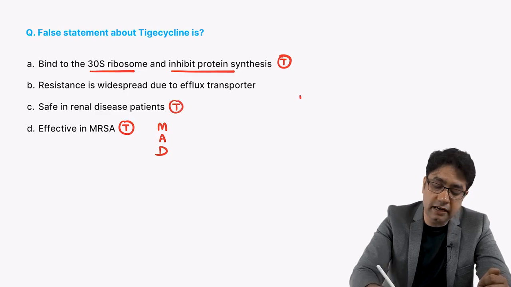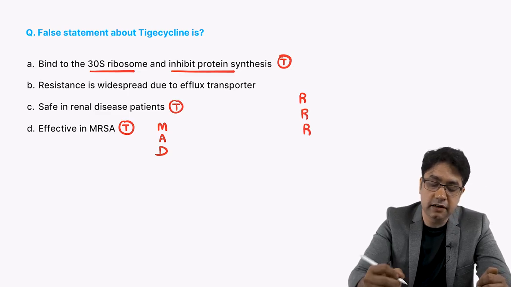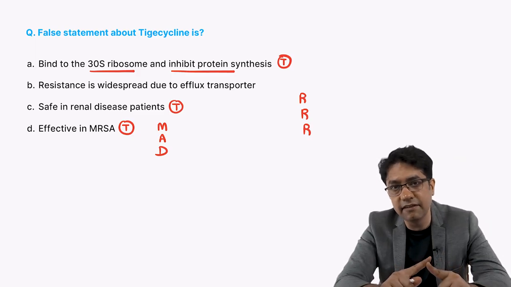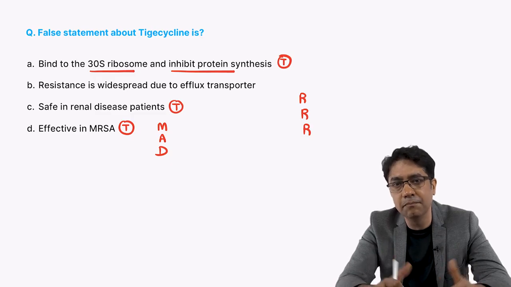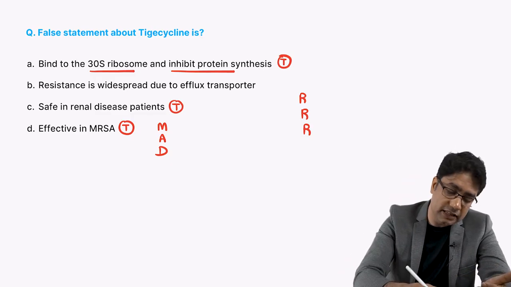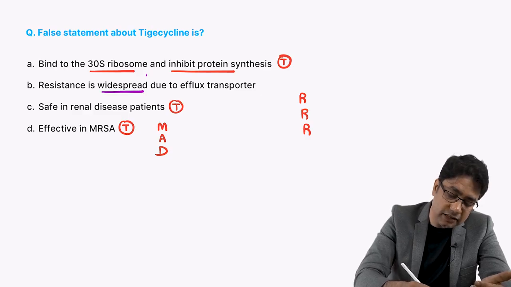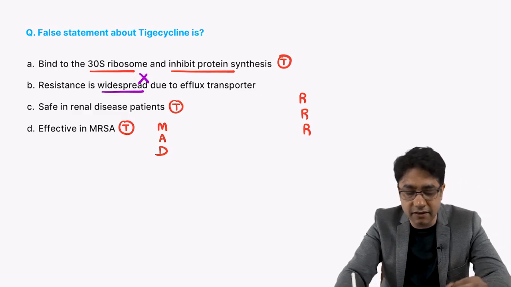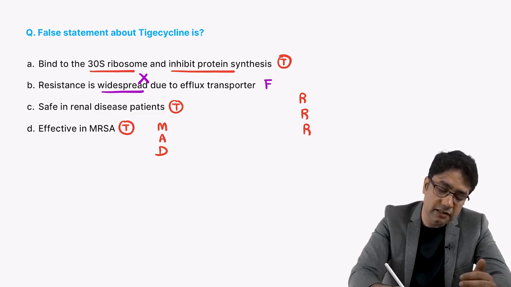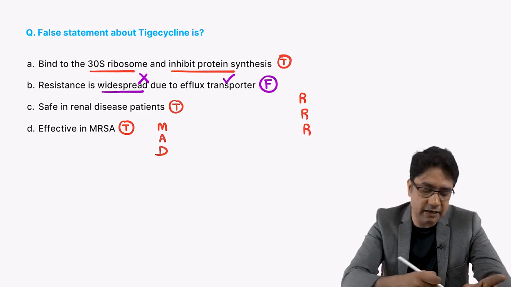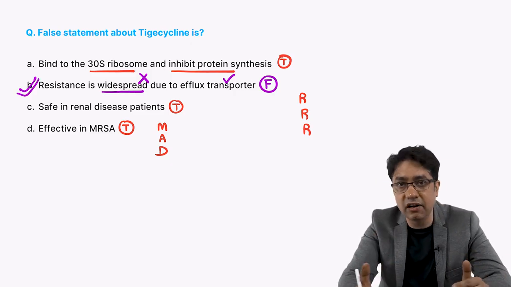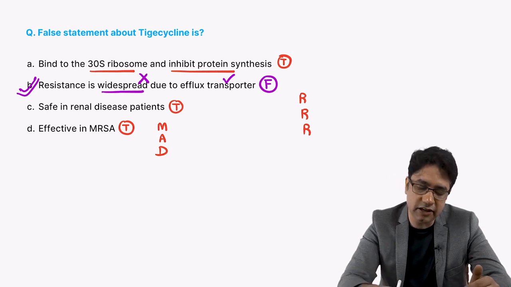We discussed 3R with tigecycline: renal safe, reserve drug, resistance is uncommon but developing. So resistance is widespread? Now this is a false statement. It's a reserve drug. Yes, the resistance occurs because of an efflux transporter, but it is not widespread. That is why it is a reserve drug for hospital-acquired infection.